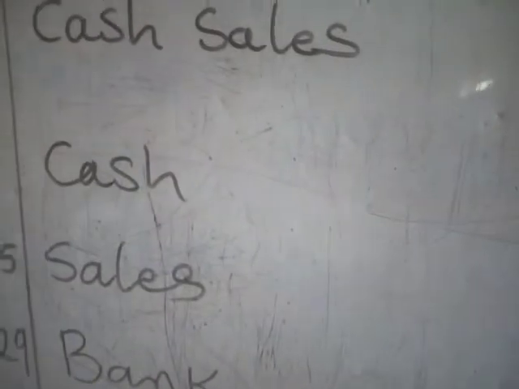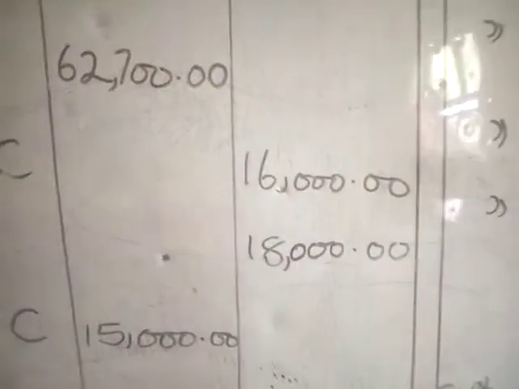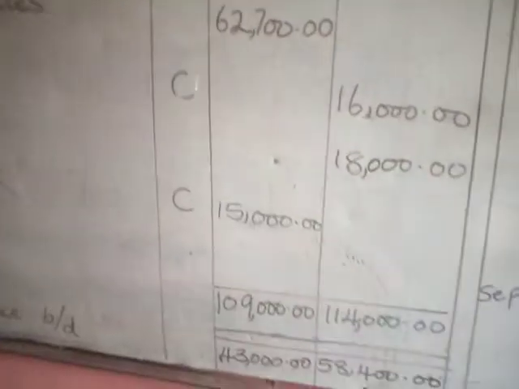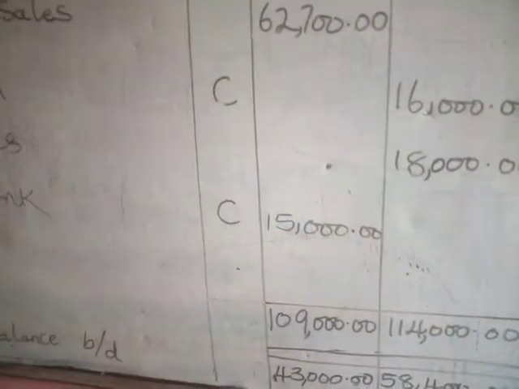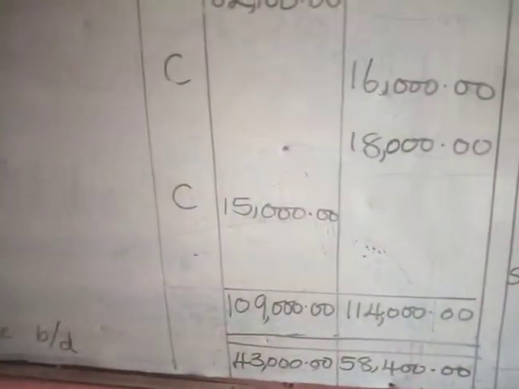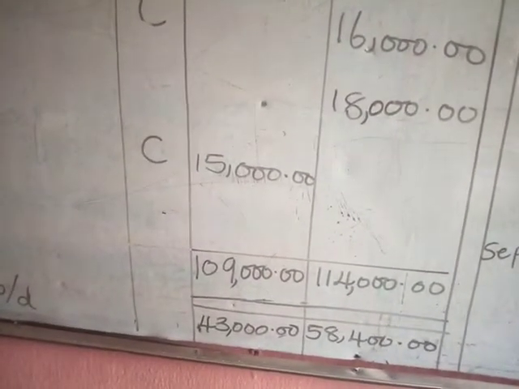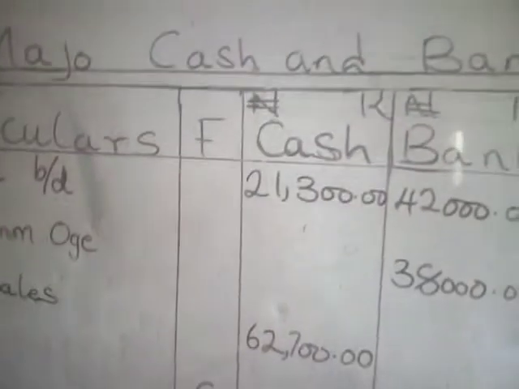On the 29th, we have withdraw cash from bank, which is 15,000 naira. It is a contra entry because they have to withdraw the cash from bank. So under the debit side, you write bank, and on the folio you put contra, so they will know that it's a contra entry, and you debit the cash column.